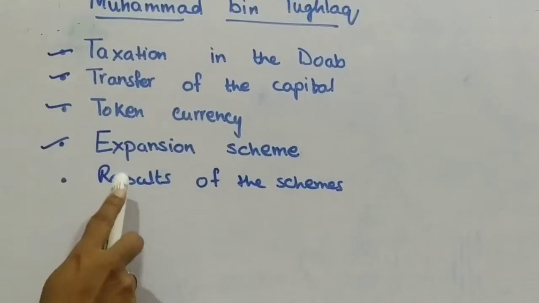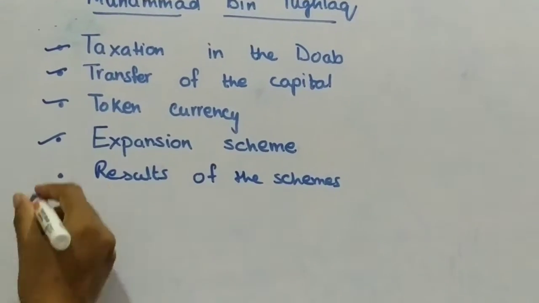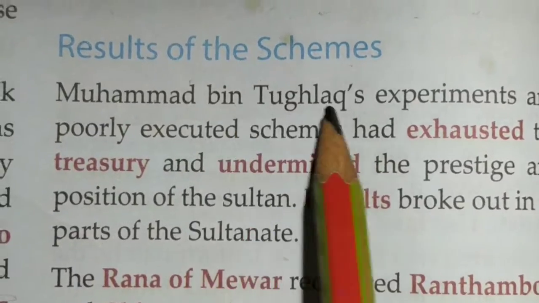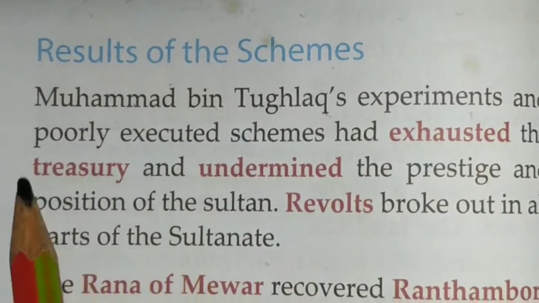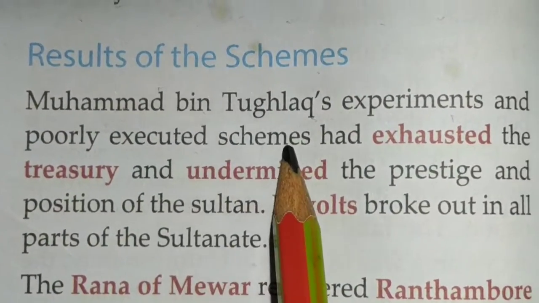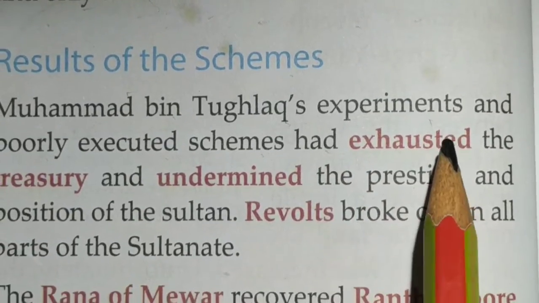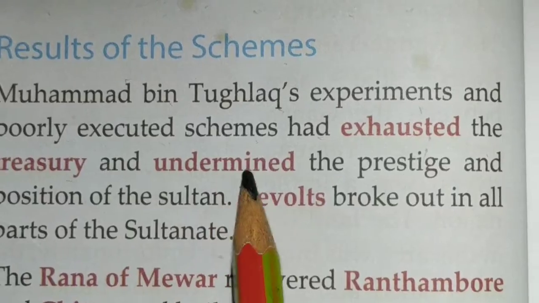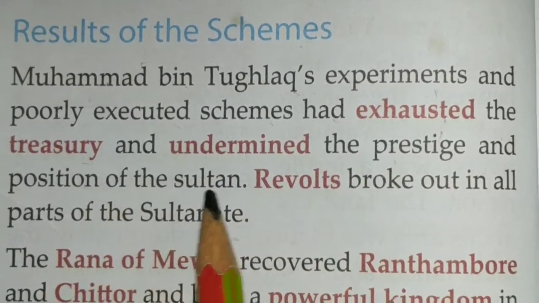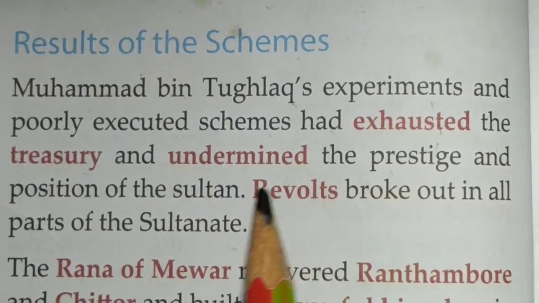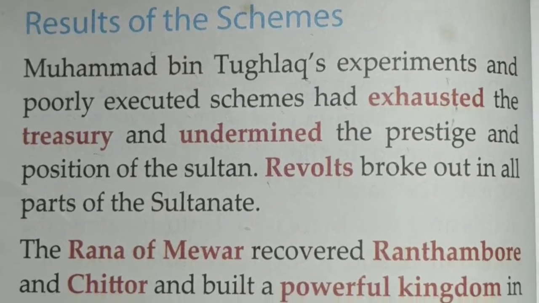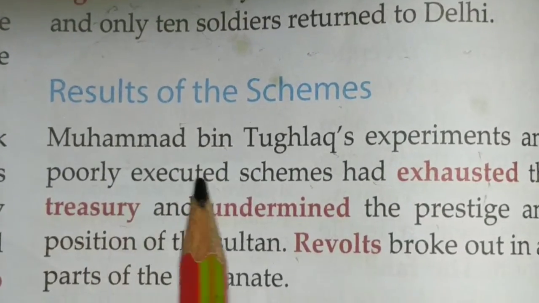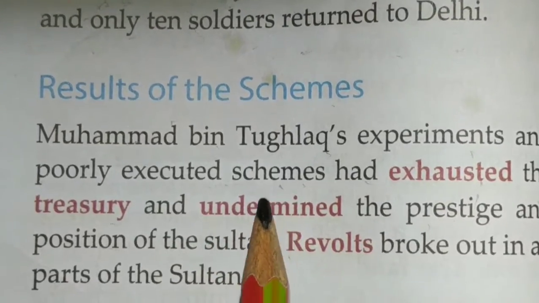So now let us read this part from your book. Muhammad bin Tughlaq's experiments and poorly executed schemes had exhausted the treasury and undermined the prestige and position of the Sultan. So whatever he tried to experiment with, it was all a failure because of those poorly executed schemes, right?